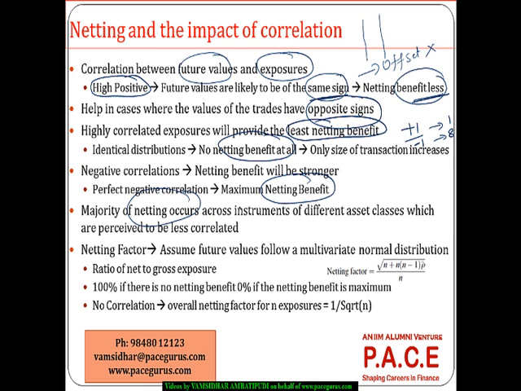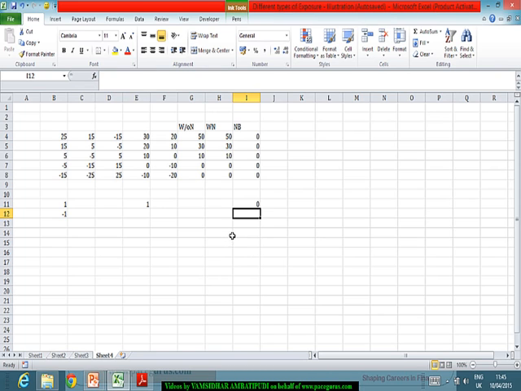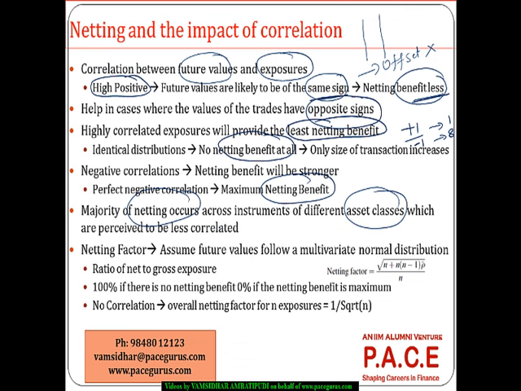And the majority of the netting occurs across the different instruments, across the different asset classes, where I perceive that the correlation between them is going to be much, much lesser. And this is where we try computing what is called a netting factor. There is a computation which we do with respect to the netting factor to talk about whether there is a netting benefit or no netting benefit, or to what extent the netting is bringing down the exposure.